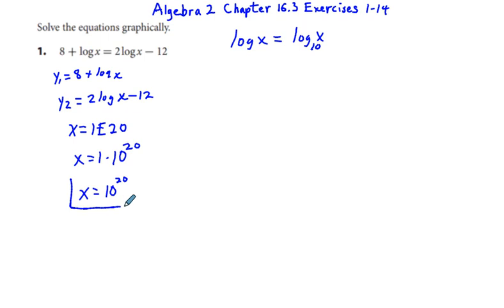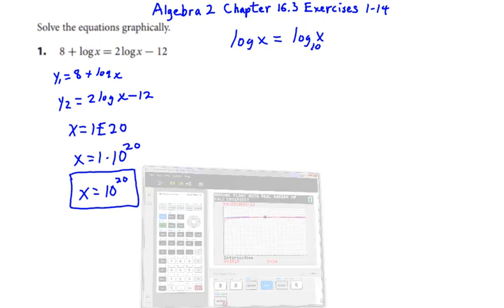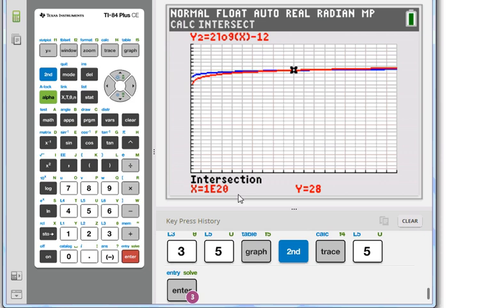So that will be our answer for problem number 1. Again, it's the x value of the intersection point that gives us our answer, not 28, but 1 times 10 to the 20th power.